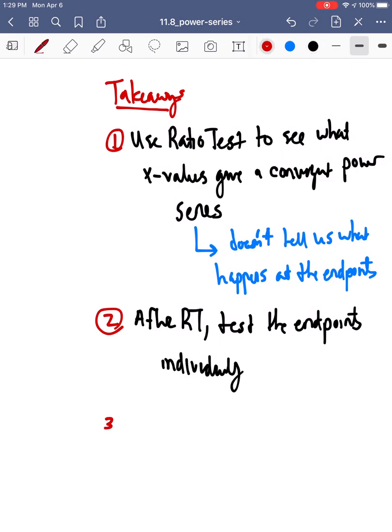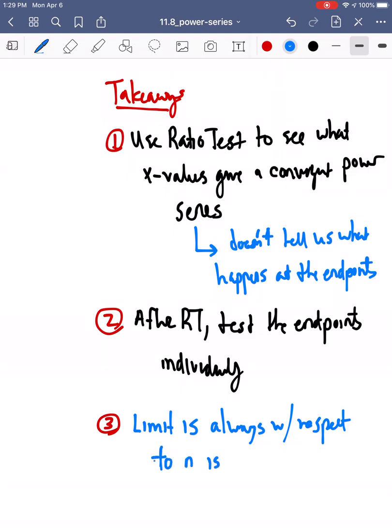And the third thing that I want us to just notice was the limit is always with respect to n in the ratio test. So if we have terms that don't depend on n and they're being multiplied onto the rest of that limit, we could pull them out in absolute values, just like we did with that x minus 3 term.